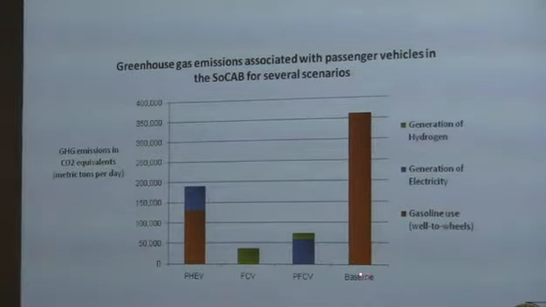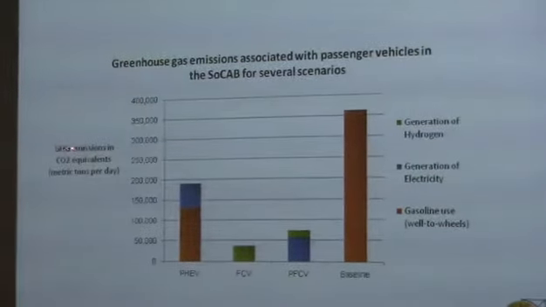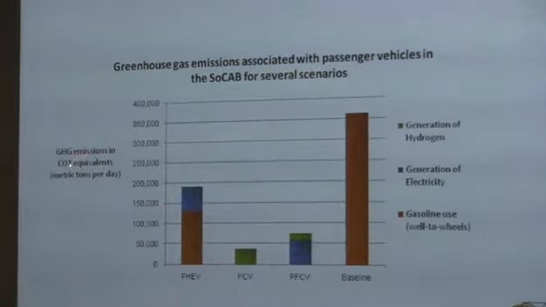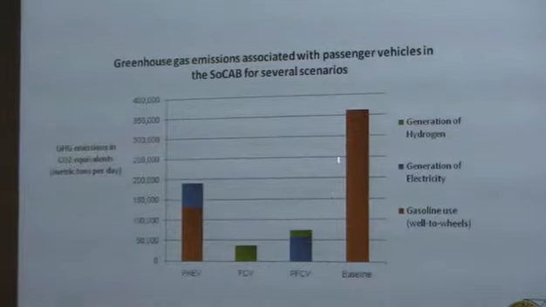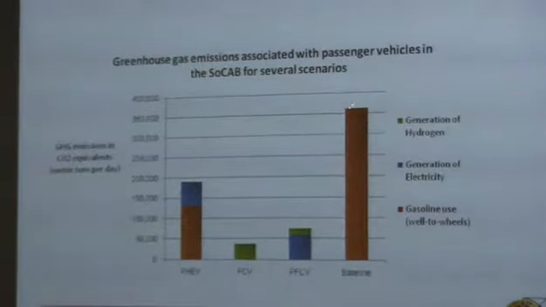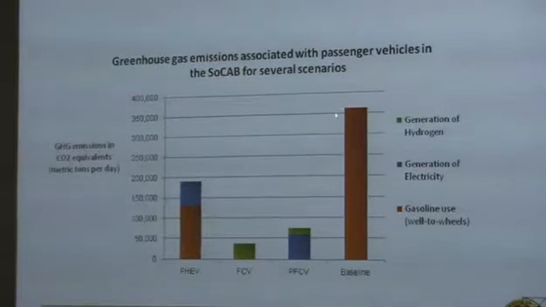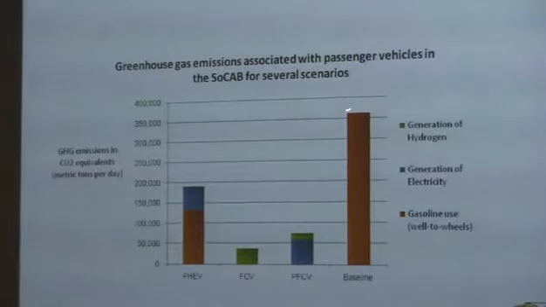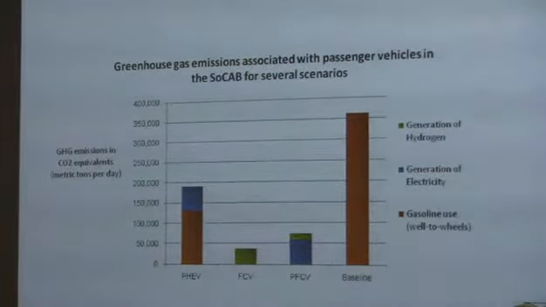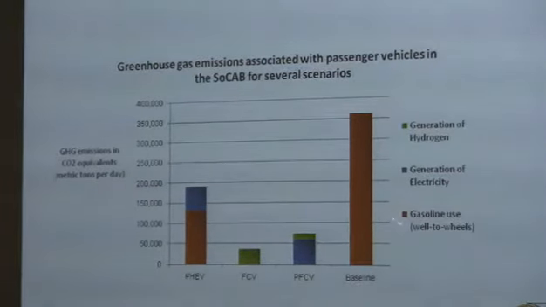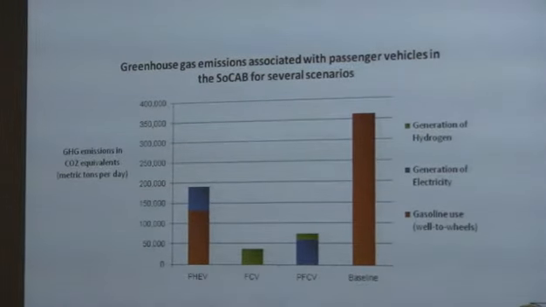So this is our baseline case, and this is the greenhouse gas emissions in CO2 equivalents. If we have business as usual, gasoline only, these are the emissions associated with this scenario, and all of them are orange, meaning gasoline.